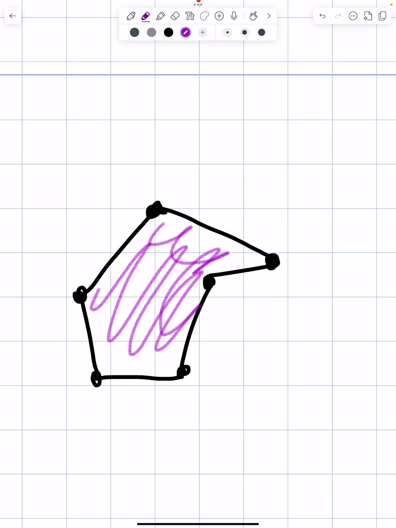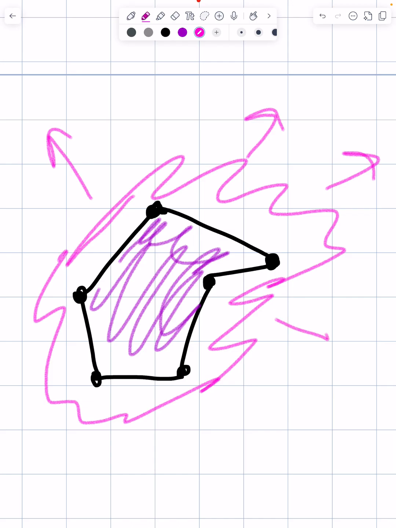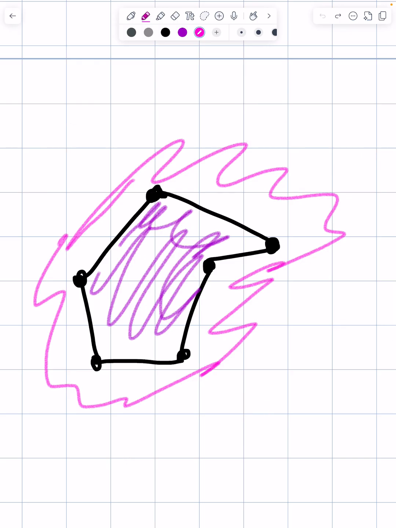This is one face, right? That is one area that the vertices and edges cover. Here is a different face. Of course, this goes on and on as far as the paper goes and as far as your brain goes. That was not meant to be an insult. Your brain can go very far.